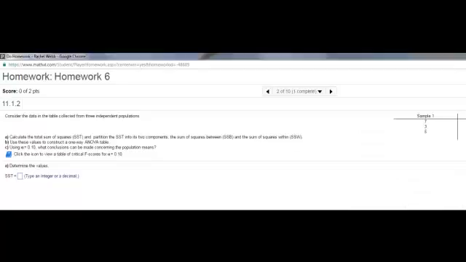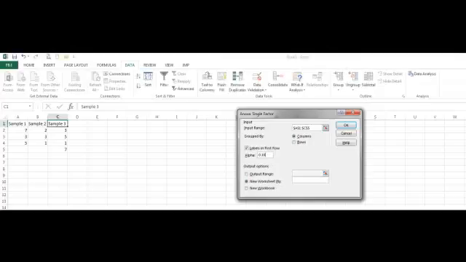And now our alpha was 0.10 for our problem, so we're going to want to change that. Again, if you were going back to our data here, you have up here the value alpha equals 0.10. Output range, you can select a new worksheet. That's probably the easiest.